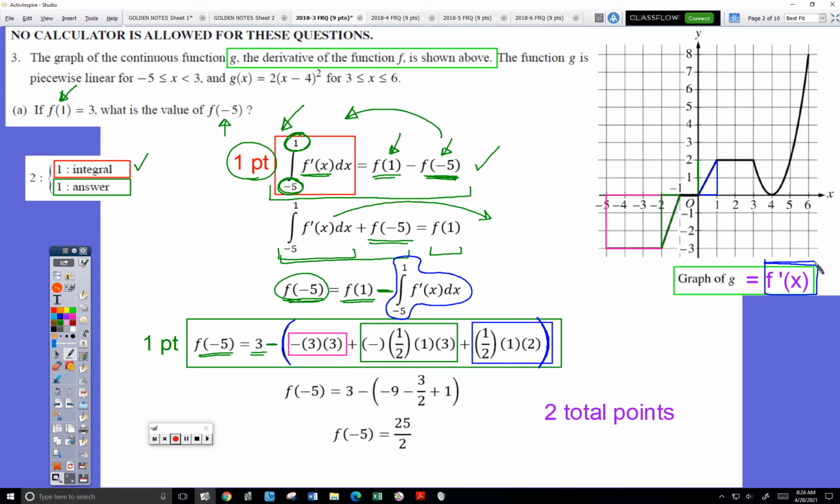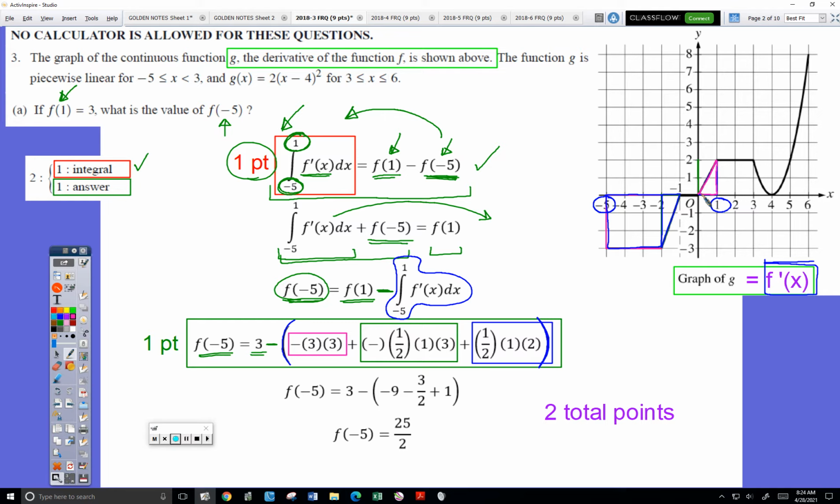So I'm starting at x equal negative 5. I'm going all the way to x equal 1. So therefore this area counts negatively. This area also counts negatively. However, this area here counts positively.